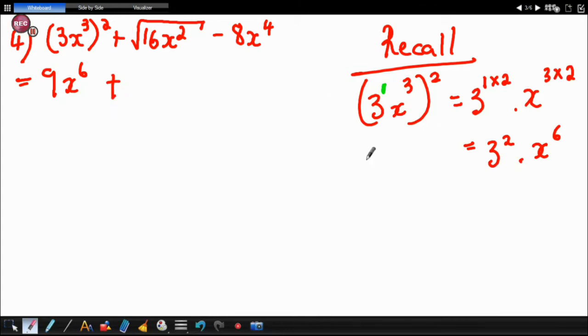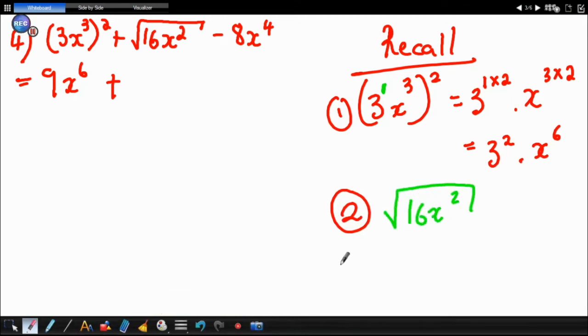Okay, now we get to the root. That is number 1, recall. Number 2, recall. Let me change the color. Okay, let's see here. What do we recall? Okay, so we have 16x squared. We can write this as square root of 16 times the square root of x squared.